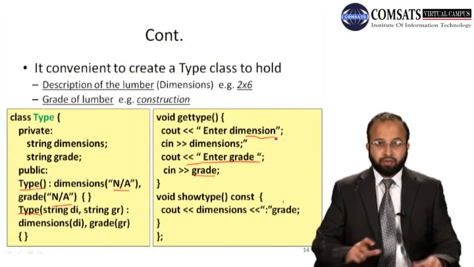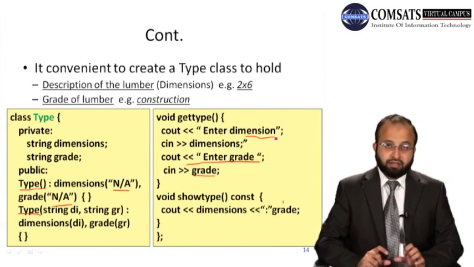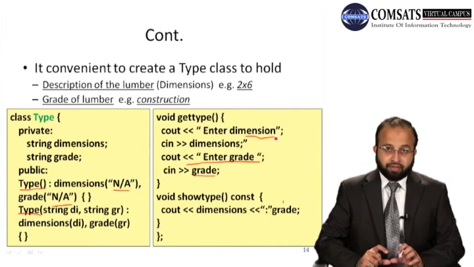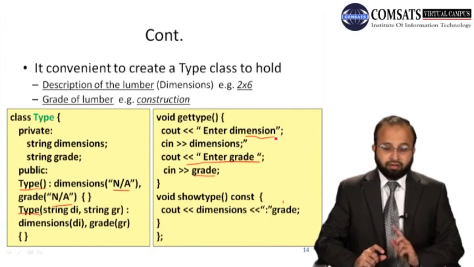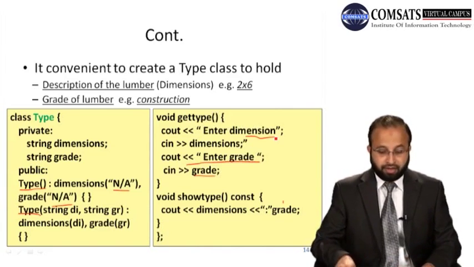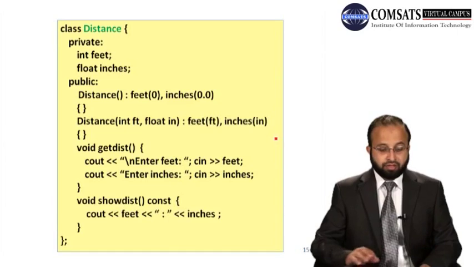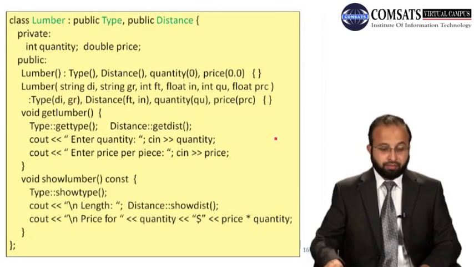It is 2 inches by 6 inches, 2 inches is its thickness and 6 inches is its width, and then 8 feet and 6 inches may be the length of that lumber. And for length we have a distance class, so we use the distance class to represent the length of a lumber. In the distance class we have a default constructor, a 2 argument constructor, get dist function and show dist function, right?